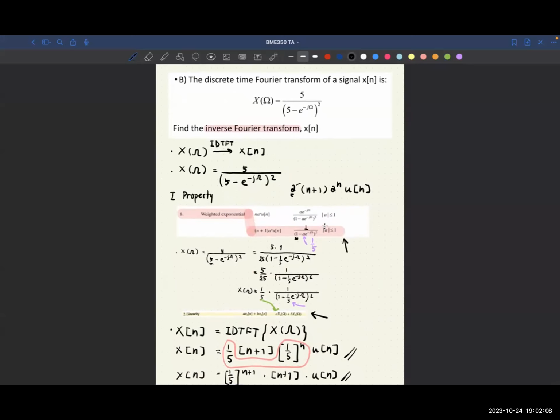Oh, wait, never mind. That's an equal sign. Sorry. Oh, I see. Is it this one you mean? Okay. Let me draw it nicer, so we don't get confused. X omega.